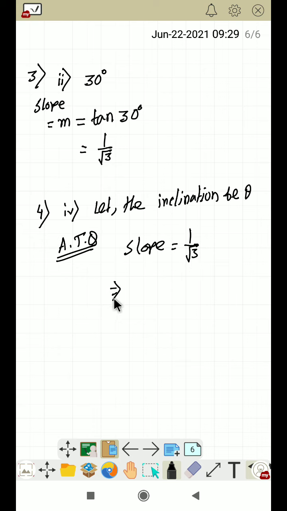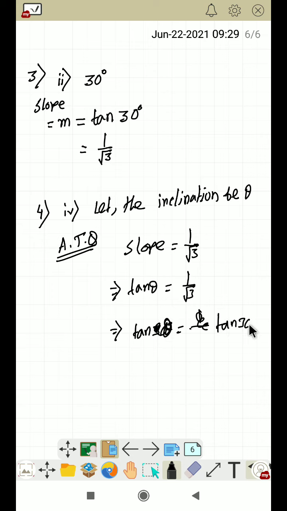You know that the tangent value of theta is the slope of the line, that means tan theta is equal to 1 by root 3. You know that tan 30 degrees is equal to 1 by root 3. So tan theta is equal to tan 30 degrees. Comparing both sides, you get theta is equal to 30 degrees.